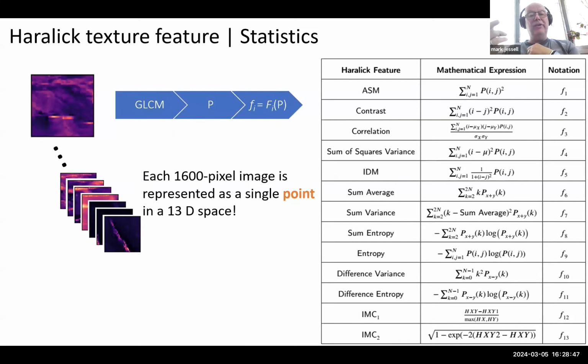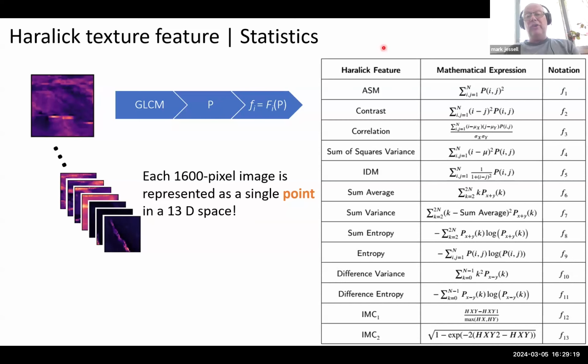And what that means is that each pixel in the image, or each image, is reduced to 13 of these statistical measures. Some of them are very obvious: the sum, the average, the variance, the entropy, the difference of the variance, all sorts of different forms, but none of them are out of this world in terms of calculation, and they all get calculated very quickly.